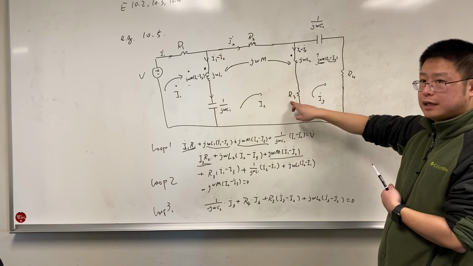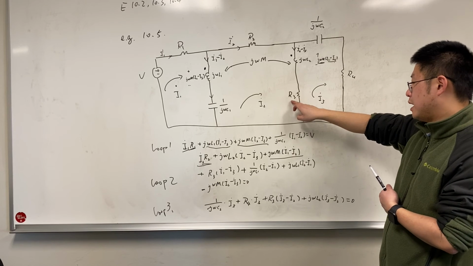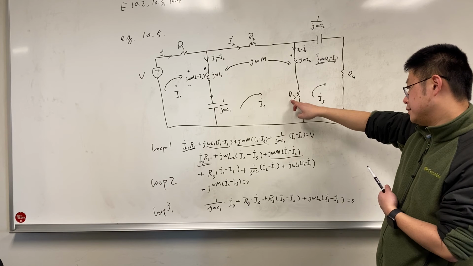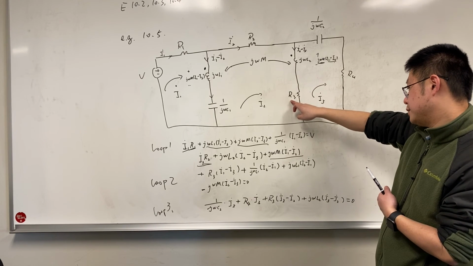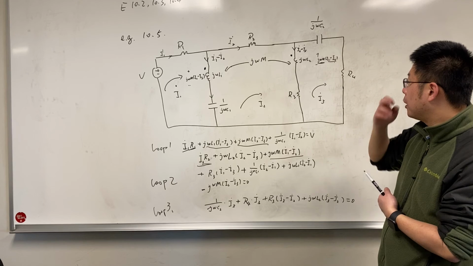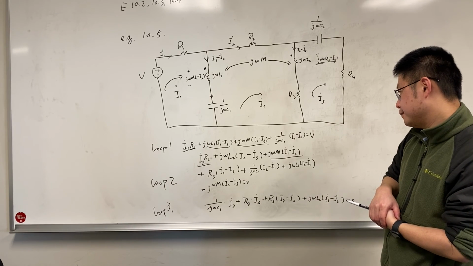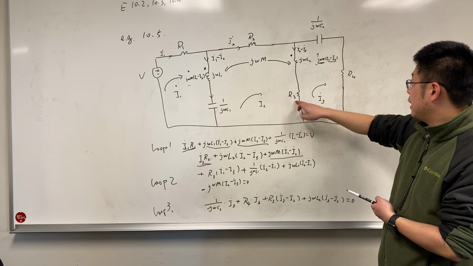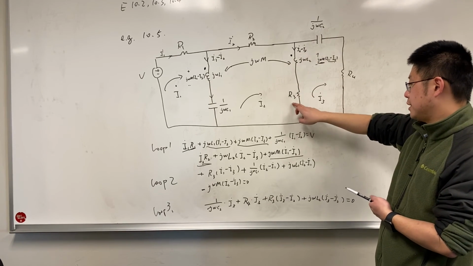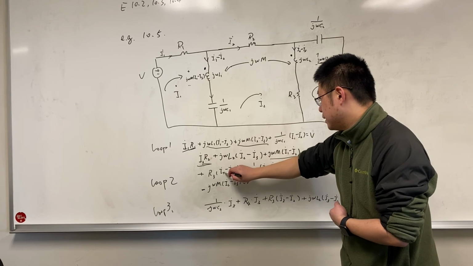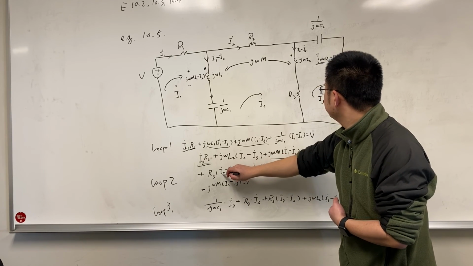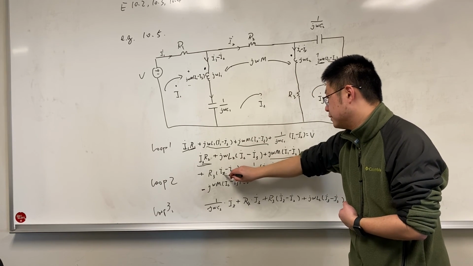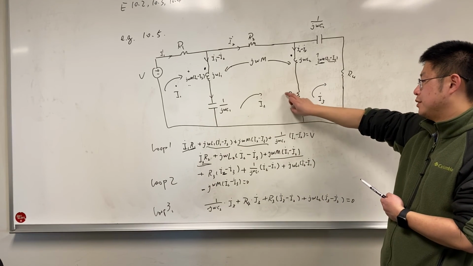And then it meets the resistor R3. This current should be I2 minus I3, so that's the voltage drop on this resistor, R3 times I2 minus I3.